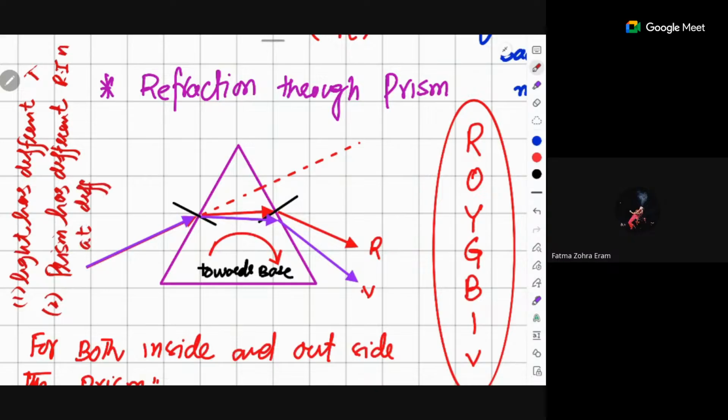At the top, it has a smaller refractive index. At the bottom, the refractive index is more.